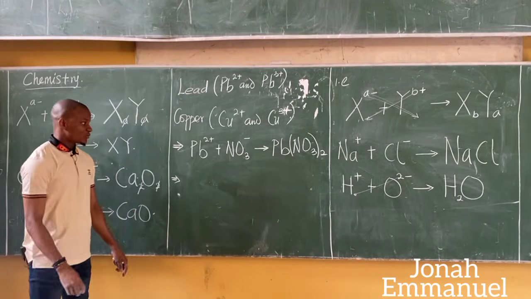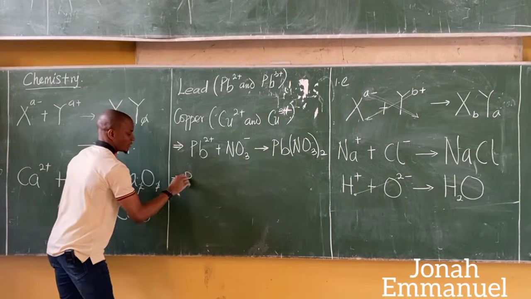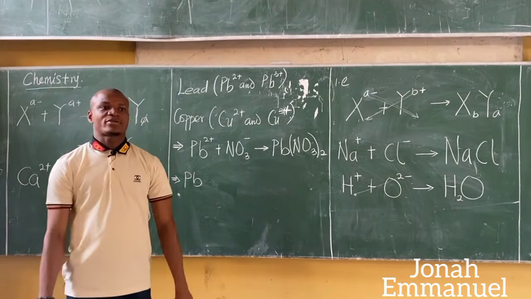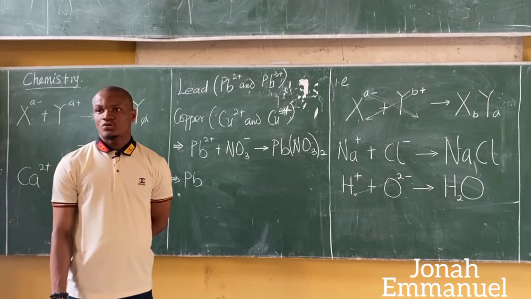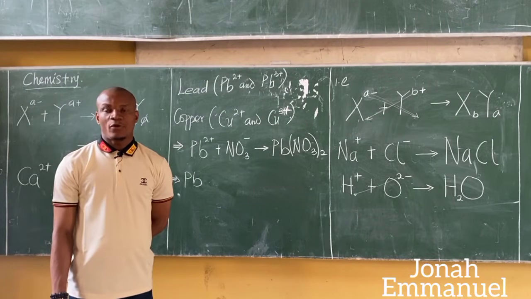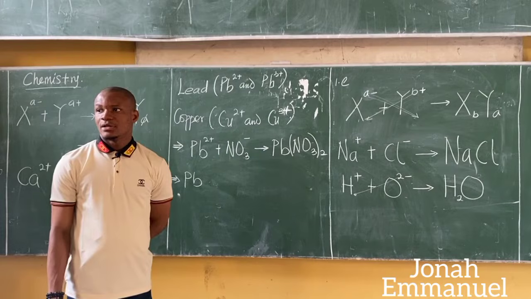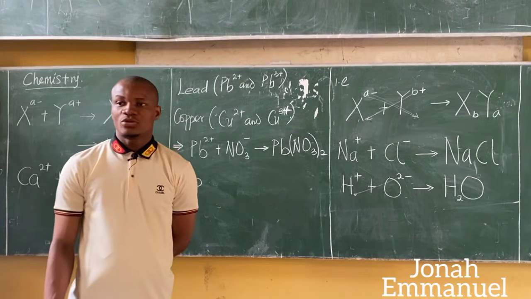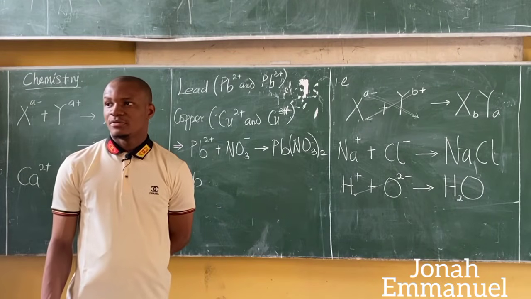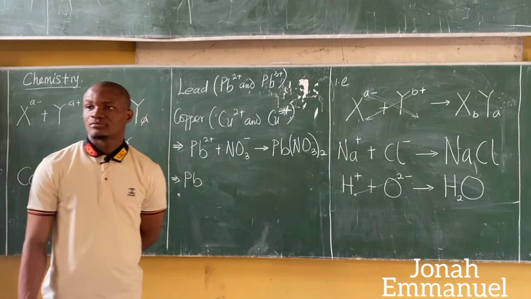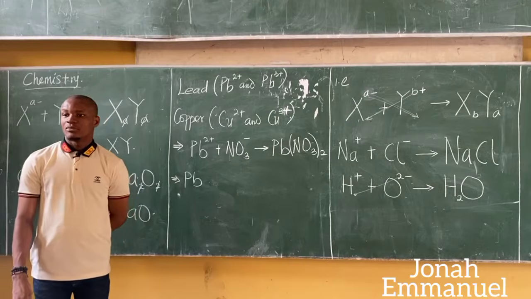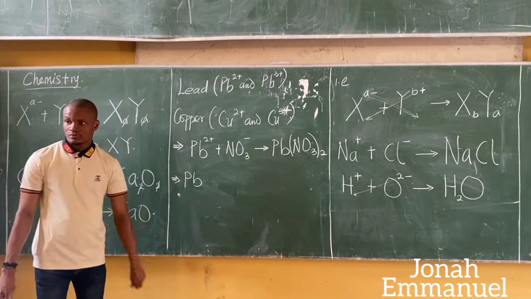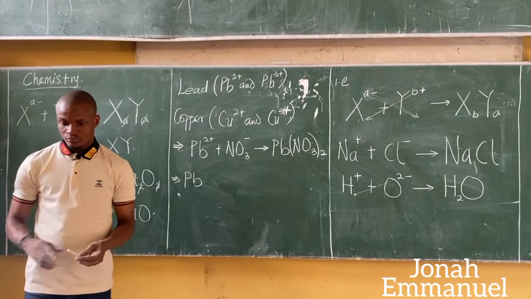So alright, what if I'm to write lead 2, okay, help me out please. Write lead 2 trioxocarbonate 4. What would you get? Check your radical table. I've given you trioxocarbonate 4 already. So what would it be?